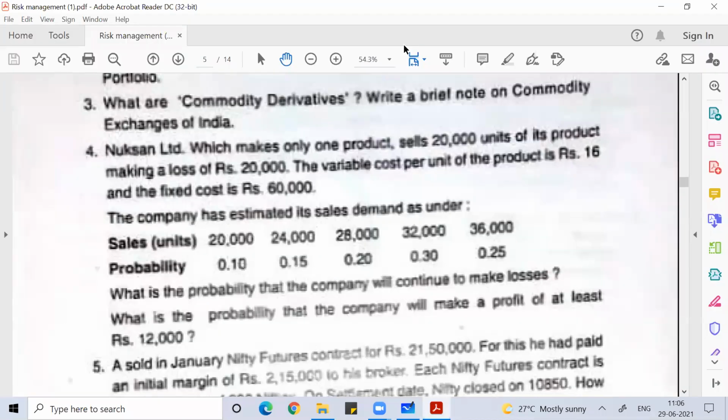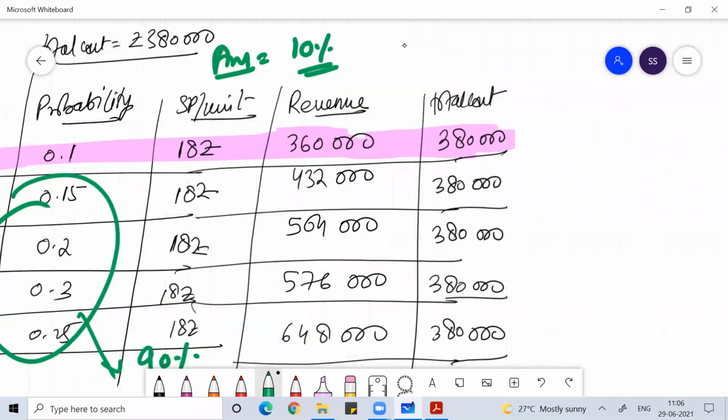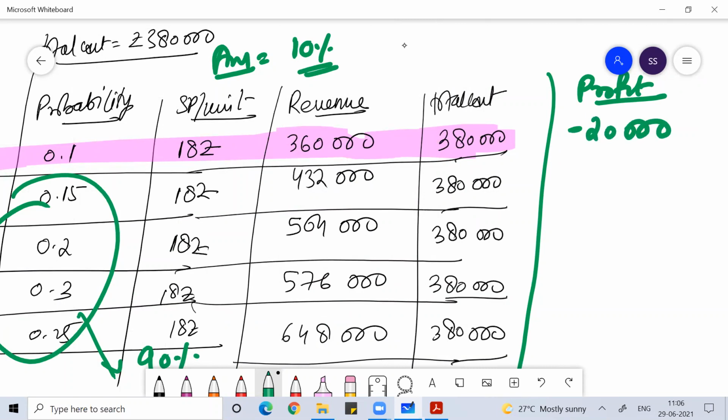Okay, so what is the probability that the company will make a profit of at least 12,000? If you see the profit, in all the cases your profit is more than that. If you see your profit data, here it is minus 20,000, here it is 20 plus 32, 52,000.